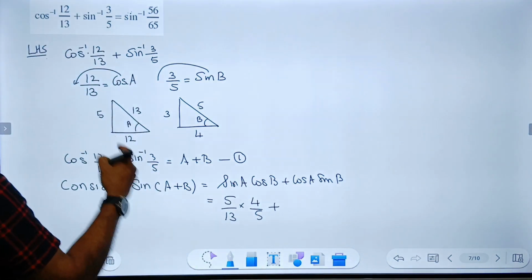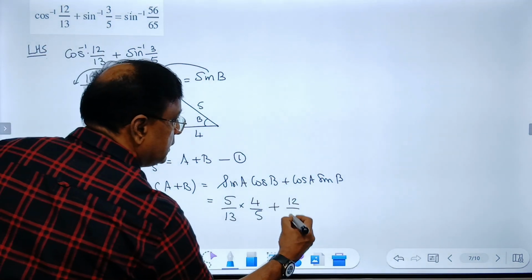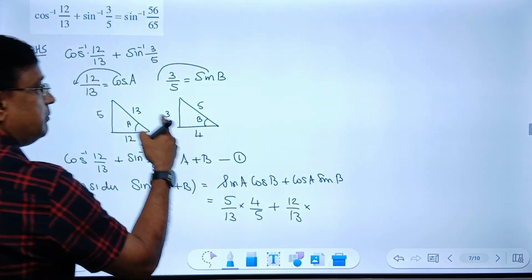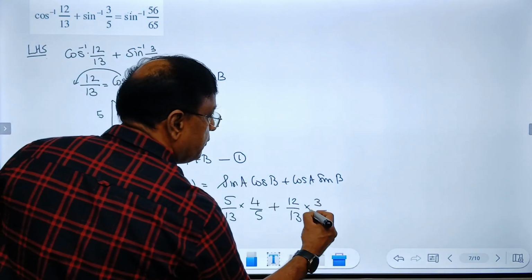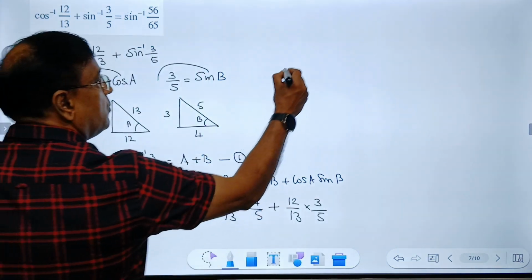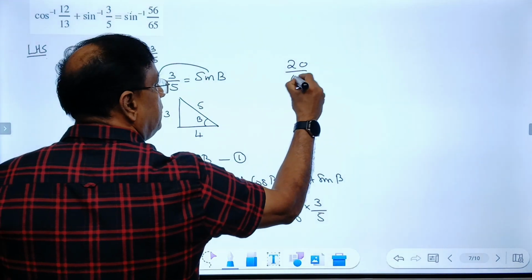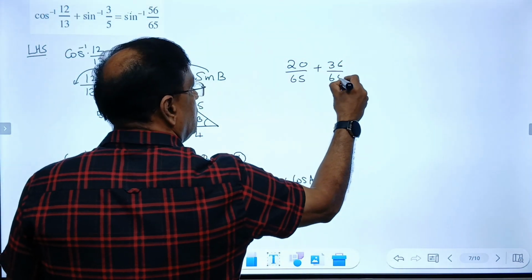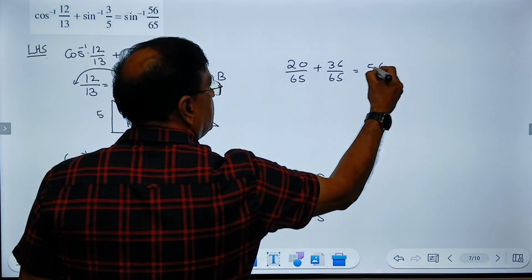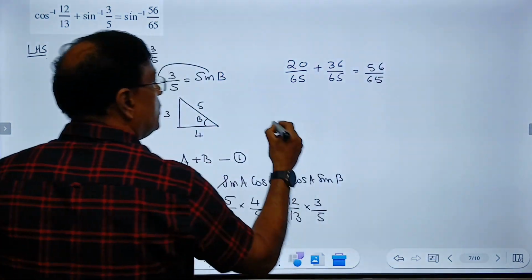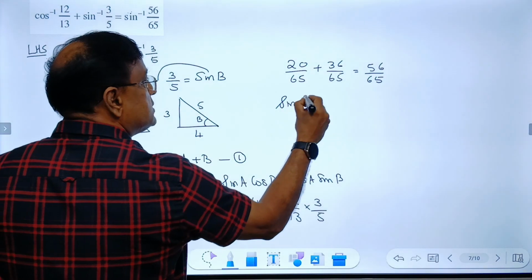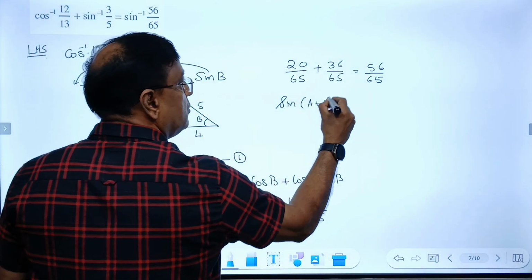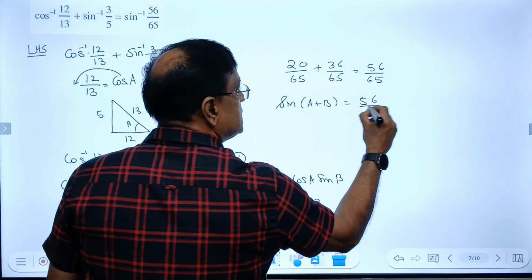Again, what is cos A? 12 by 13. And what is sine B? 3 by 5. So this will become 20 by 65 plus 36 by 65, which happens to be 56 by 65. So what have you proved? You have proved that sine of A plus B equal to 56 by 65.